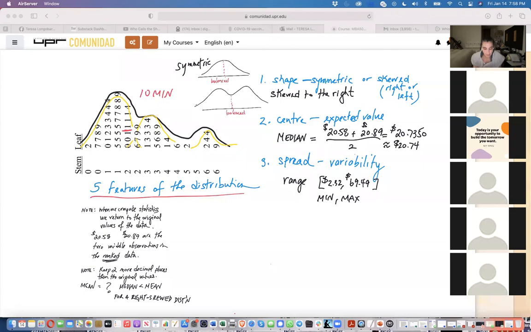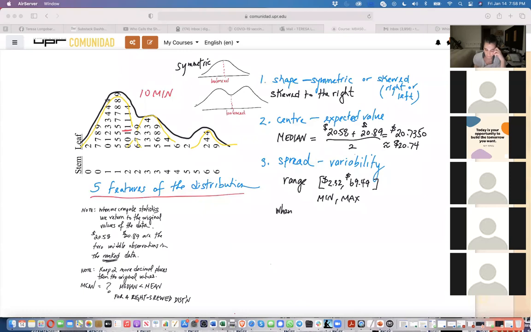Why don't I also get halfway in between the first half and halfway between the second half? That will give me an idea of how spread out it is throughout the distribution. When the data are skewed, the shape is skewed, the center is the median, and that also affects the spread. Your reporting of the spread depends on the shape.